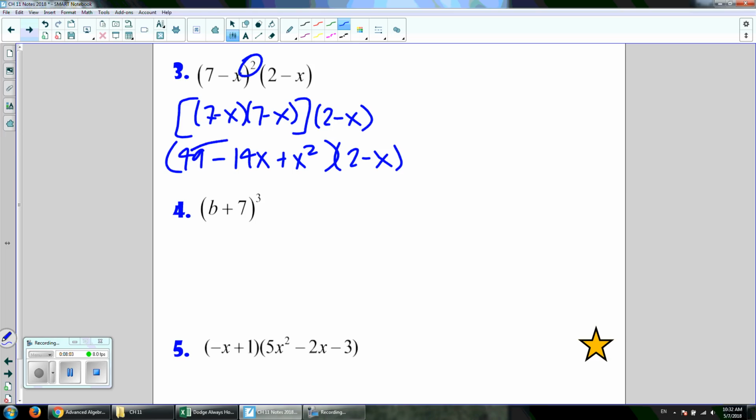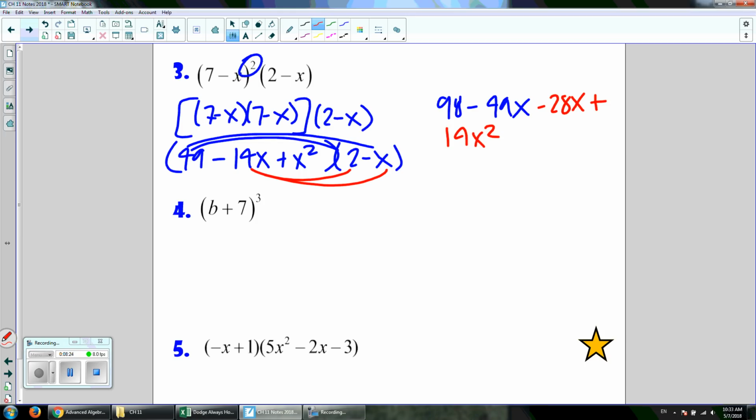So I need to take everything in the trinomial and then multiply it by everything in the binomial. So the first one is 49 times 2 is 98 minus 49x. Then I'm going to take the negative 14x by both of those. So that'll give me a negative 28x plus 14x squared.